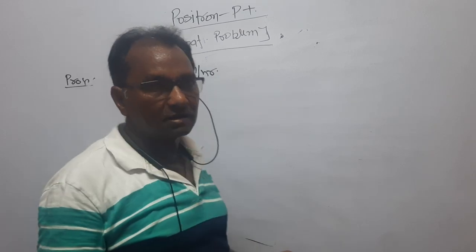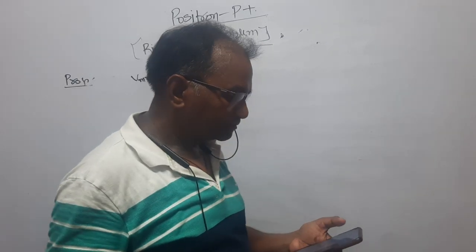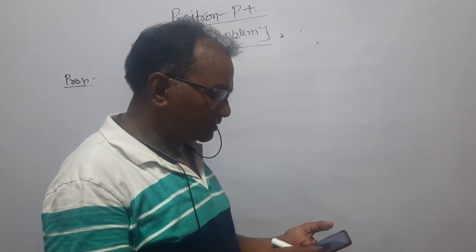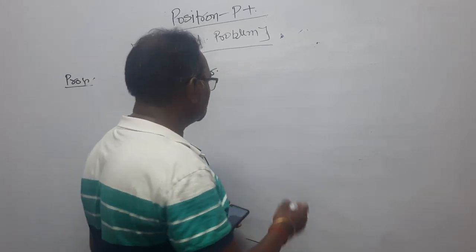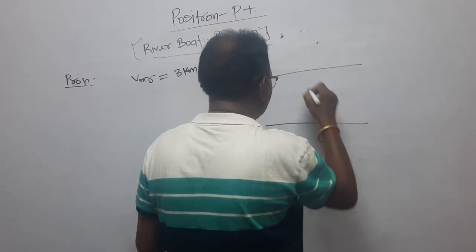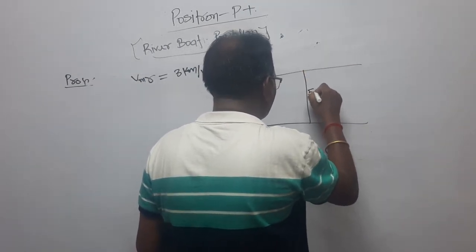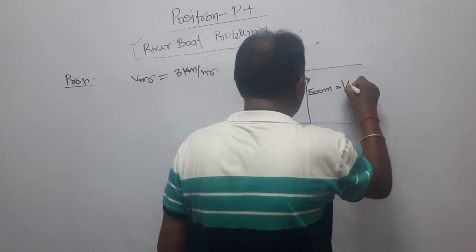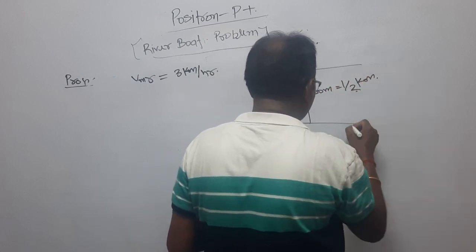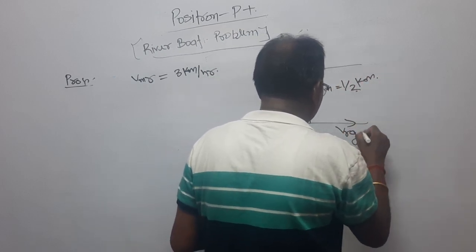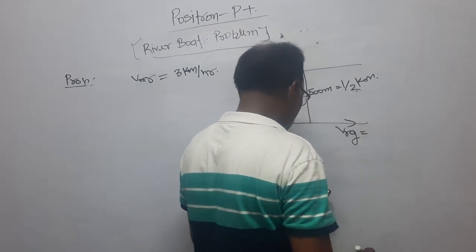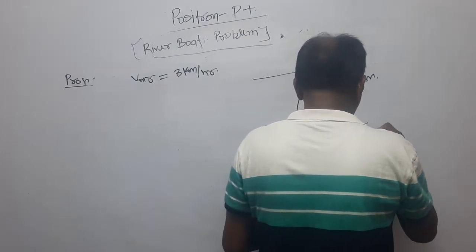This means the velocity of man with respect to river is given. He wants to cross a 500 meter wide river. Again it is a 500 meter wide river, right? 500 meter wide river means 1 by 2 kilometer. And again the velocity of river with respect to ground is equal to 2 km per hour.